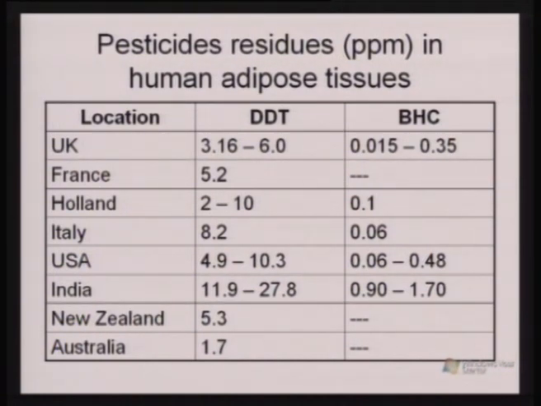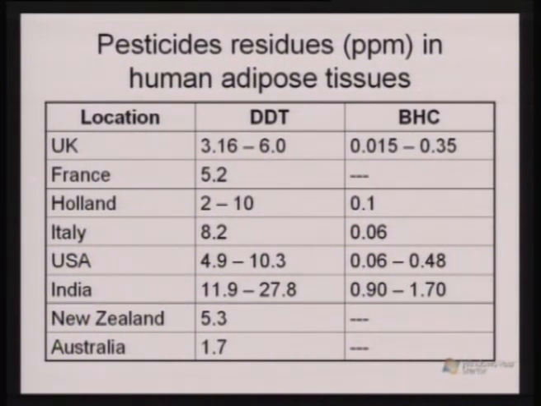In the UK, the DDT level is 3.16 to 6 milligram per kg of adipose tissue. Adipose tissue means fat tissue. BHC is in the range of 0.015 to 0.35 milligram per kg. In France, the data is available only for DDT, that is 5.2 milligram per kg.